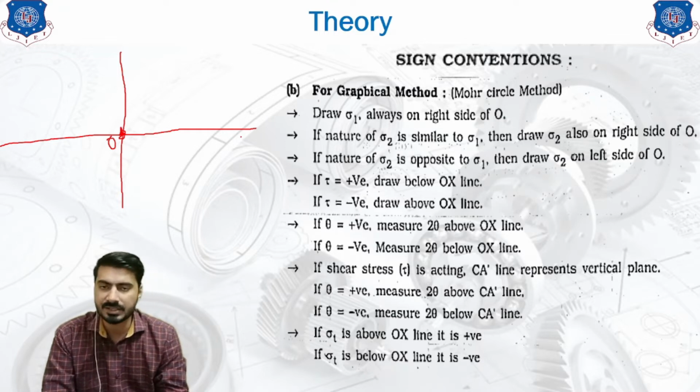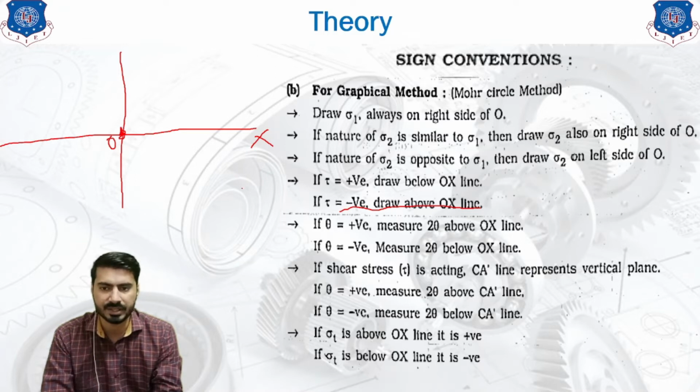If it is a positive shear stress, then draw it below the OX line. And if it is a negative shear stress, then draw it above the OX line. Now, which one is the OX line? This is our X and this is our Y. So, below the OX line and above the OX line. It should be clear by now.